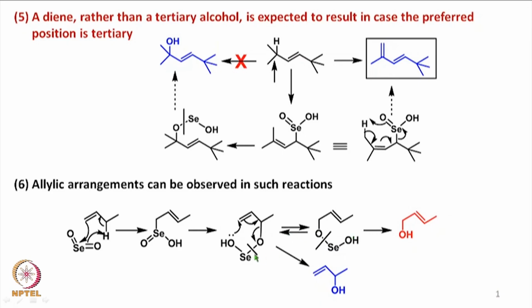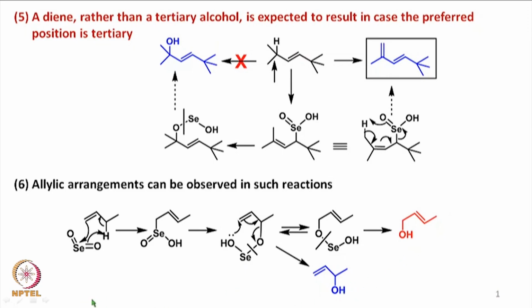When this particular species is formed, and if it gets cleaved, it forms this allylic alcohol, and if this particular selenium species is formed and if this undergoes a cleavage here, then one can expect to form such an allylic alcohol.